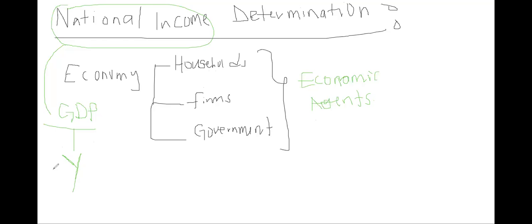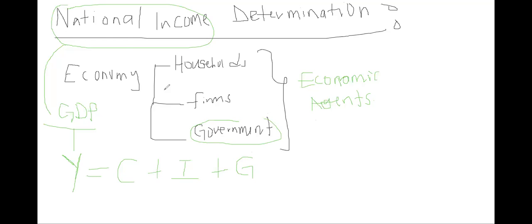But this income, we use it for different purposes. It is used for consumption. It is also used for investment. And the government sector normally imposes taxes, which it uses to buy goods and services. So this G represents government consumption and expenditure.